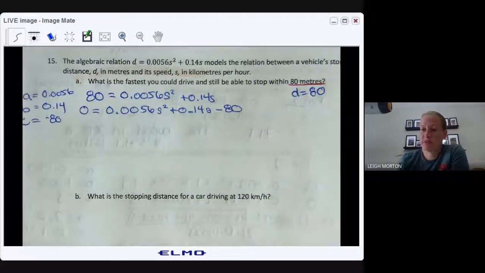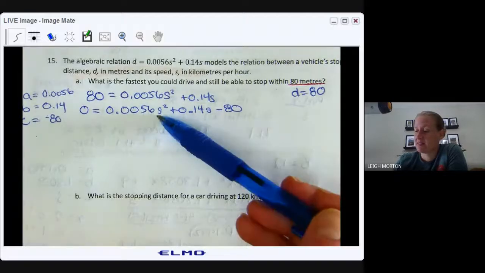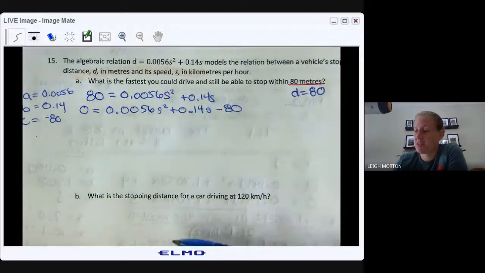Go ahead, solve for what speeds you'd be able to stop within 80 meters. What's the maximum speed?